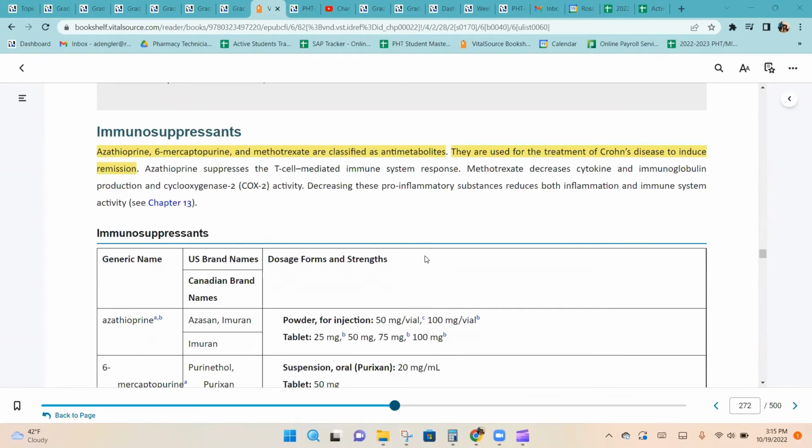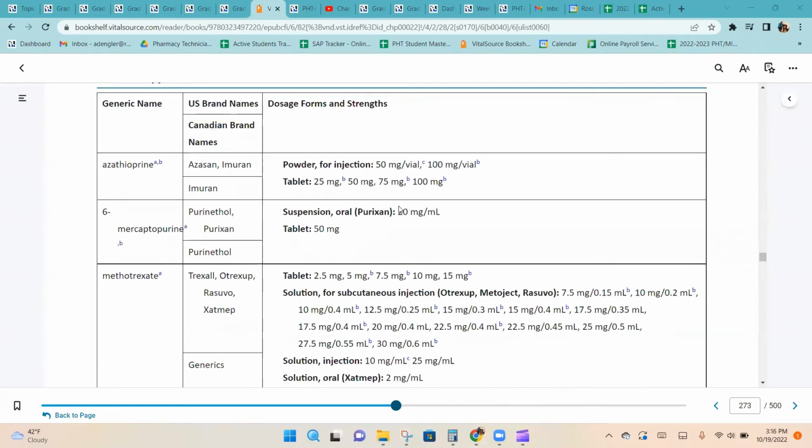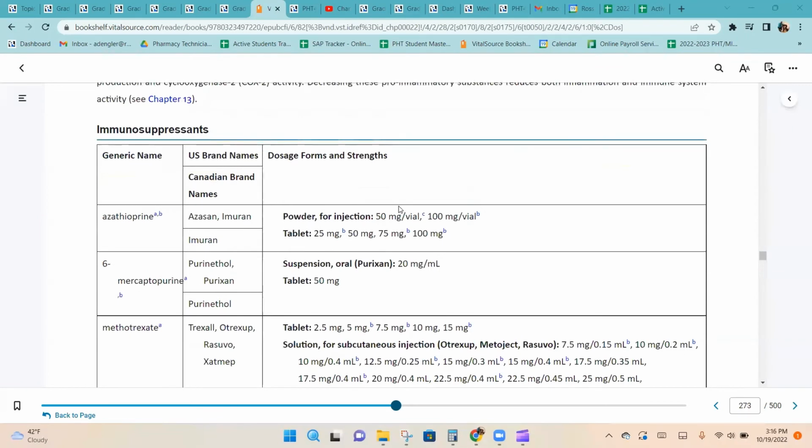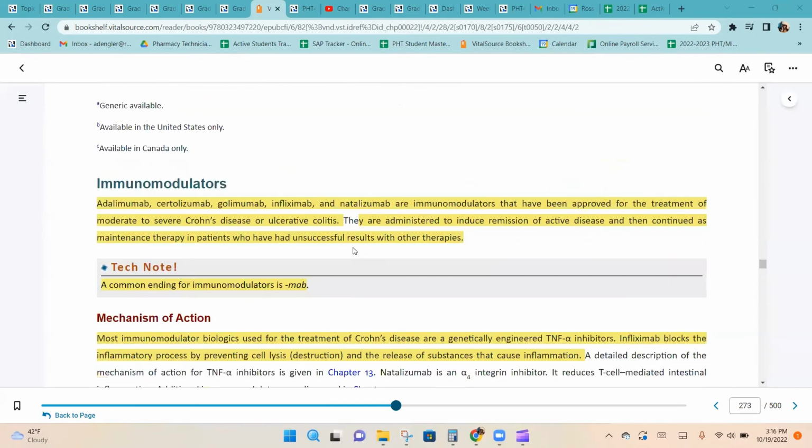Azathioprine, 6-mercaptopurine, and methotrexate are classified as antimetabolites. They are used for the treatment of Crohn's disease to induce remission. So we have the different immunosuppressants. As you can see, methotrexate has a lot of different strengths and dosage forms.